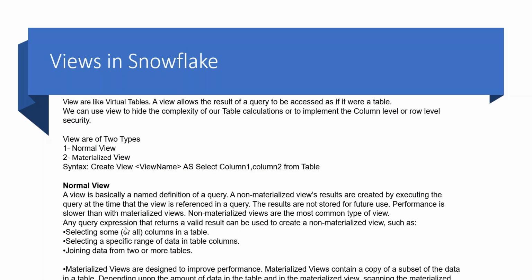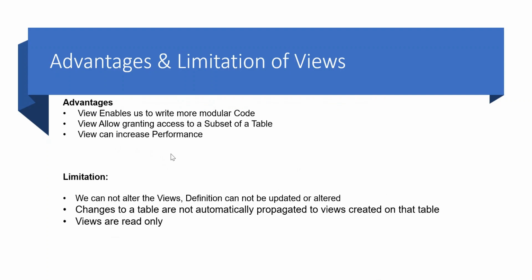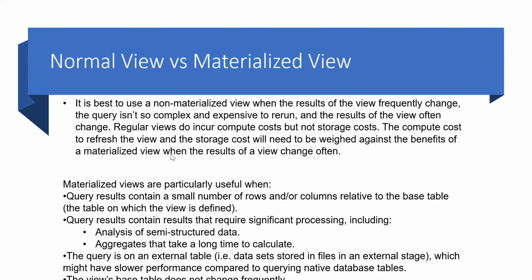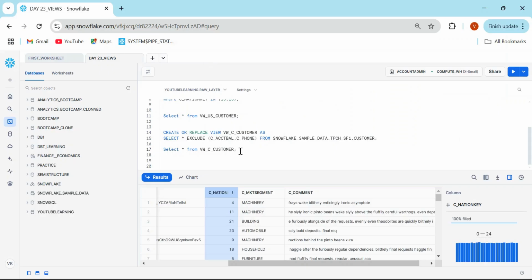So we can just see that a query expression that returns a valid result can be used to create a non-materialized view. So either I create it as a normal view or a non-materialized view, it's going to serve the same purpose. Now this one, the normal view. Okay, let me just jump to it. So it is not going to store the data, so no storage cost is associated with it.